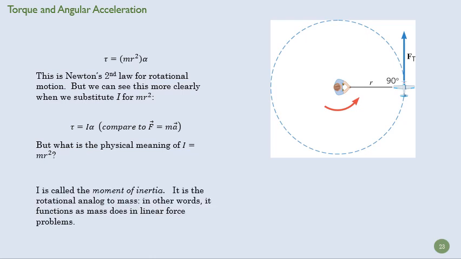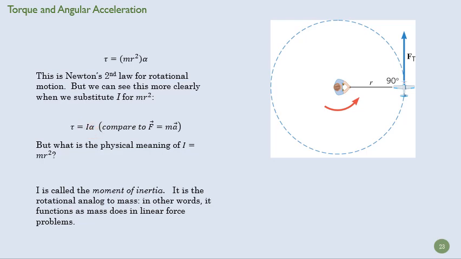So what is I? I is called the moment of inertia, and it's essentially the rotational mass. It is the resistance to acceleration when a torque is applied, in the same way that mass is the resistance to acceleration when a force is applied. So the more torque I apply, the more acceleration I'm going to get. But if I have a large I and the same torque, my acceleration is going to be lower.